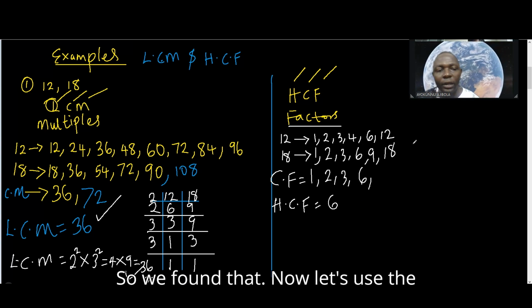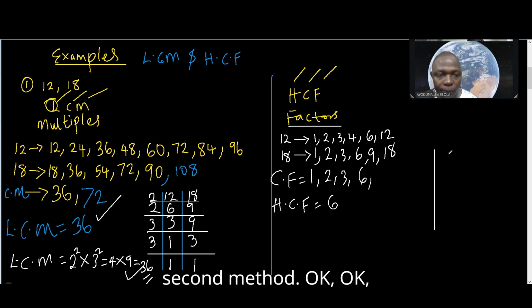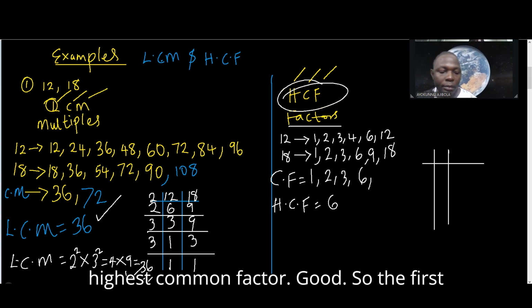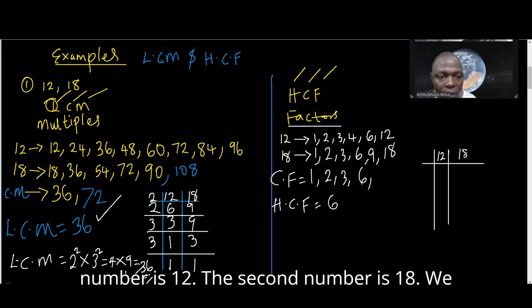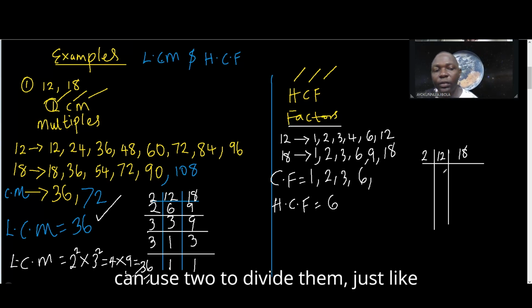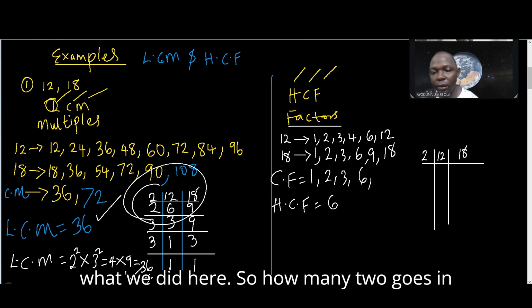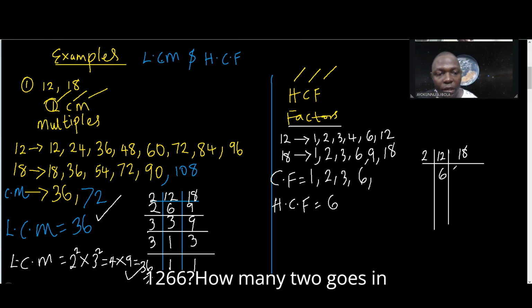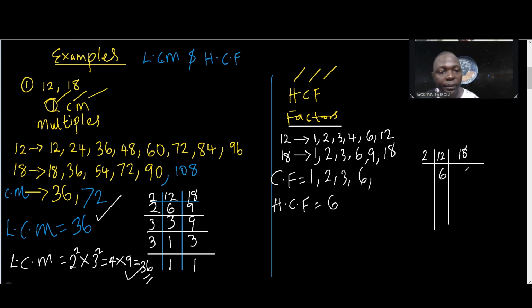So we found that. Now let's use the second method to find the highest common factor. The first number is 12, the second number is 18. We can use 2 to divide them, just like what we did here. How many 2 goes in 12? 6. How many 2 goes in 18? 9.